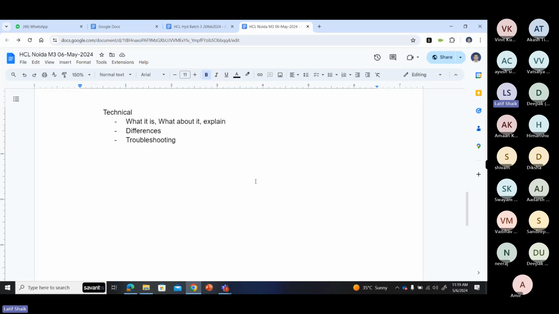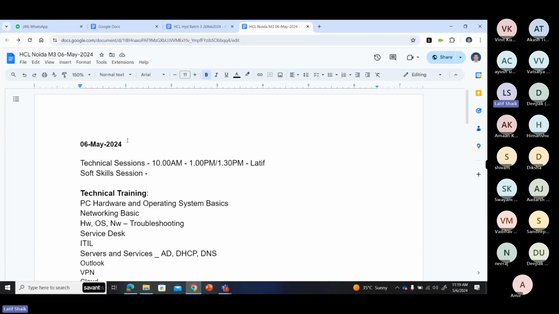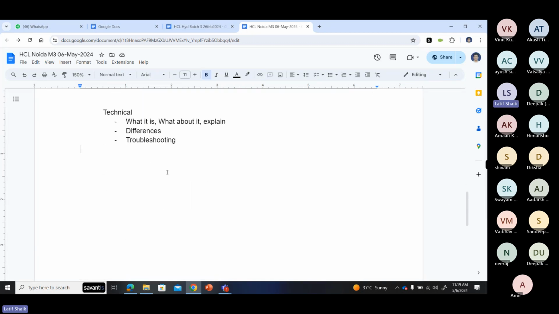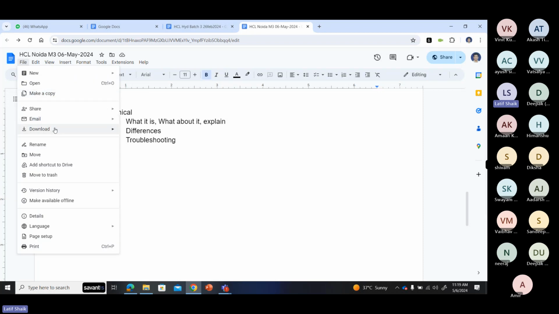So guys, one point I forgot: this document is like a daily notes type. Whatever I taught, I will keep in this document only. So every day simply open it and read it. If you want to download, you can easily download it as a PDF or a document.